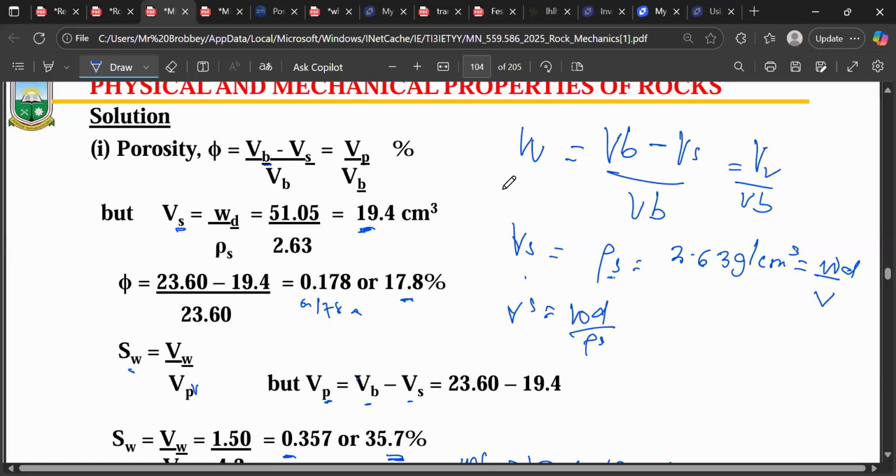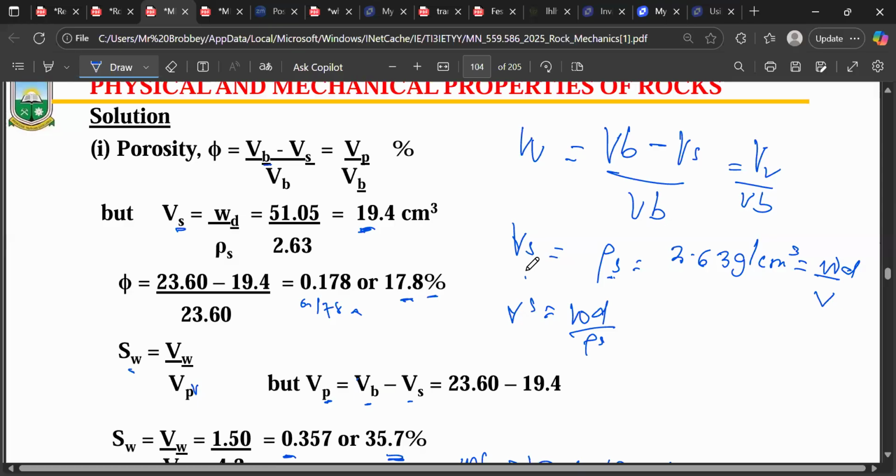So at the end of the day, you get the same thing, 0.1775, which in terms of percentage is 17.8%. Yes, 17.8%.